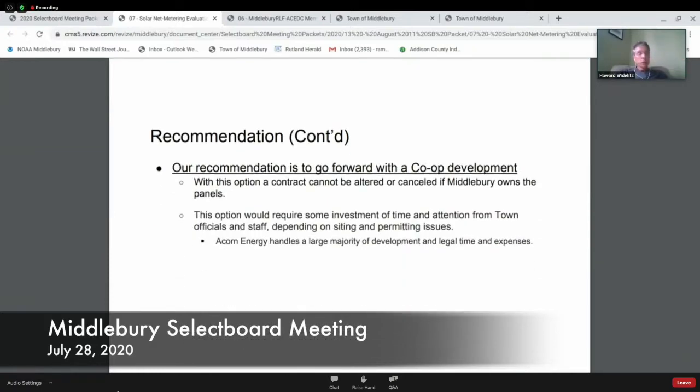Obviously, once you went with the Acorn, we would own the array after 6 years, in which case we have full control over that. And then in terms of what it's going to take from the town, we believe, because Acorn really does a lot of the legwork to get this going, we didn't see there being a huge need for town resources.